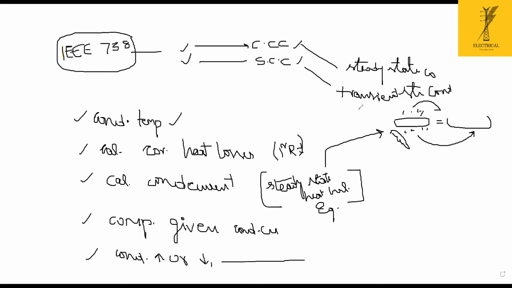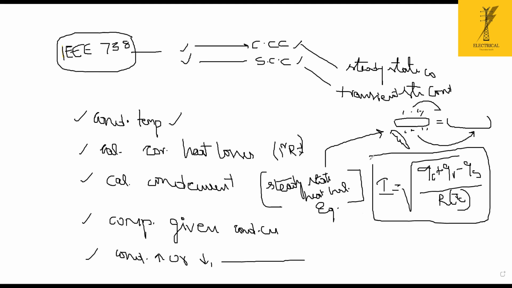By this, we calculate the current using a formula: I equals the square root of QC plus QR minus QS, where QS is the solar heat gain, divided by the resistance of the conductor at the assumed temperature. So this will give you the exact current.